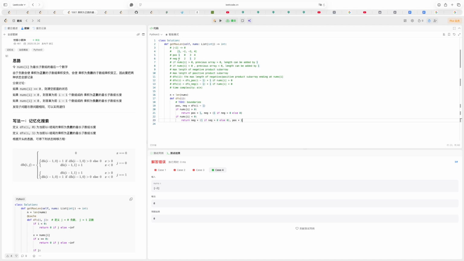So for negatives, the positive will come from the negative, and if the previous thing is 0, then yeah, why not.